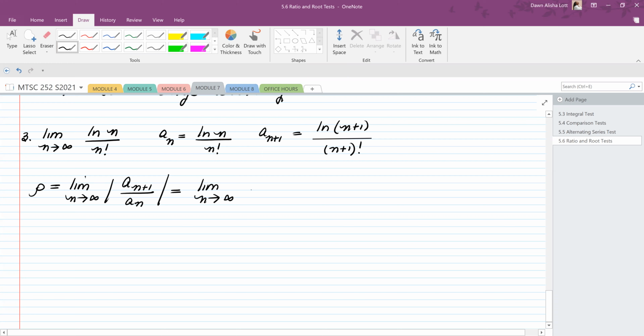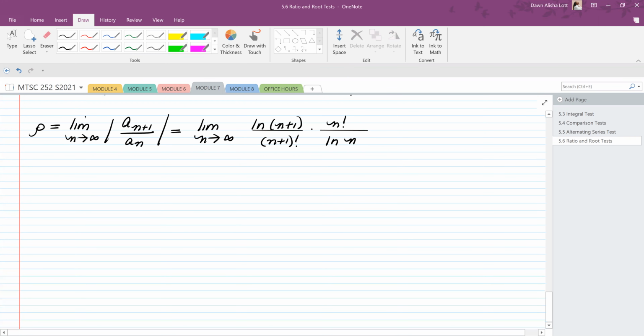So I'm going to end up with the log of n plus 1 divided by n plus 1 factorial, times n factorial divided by the log of n.